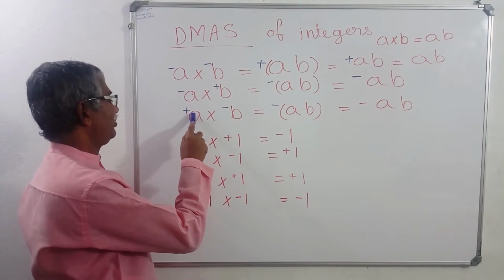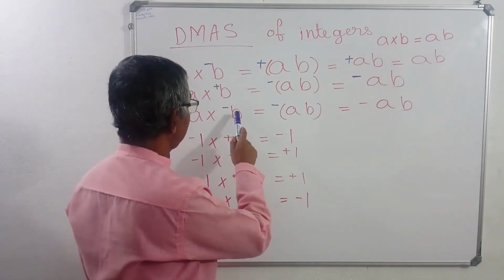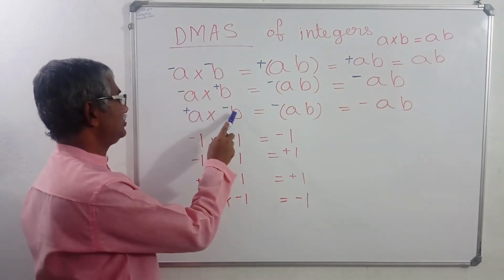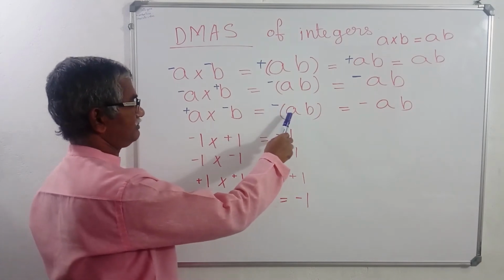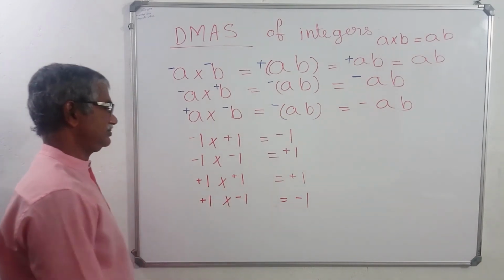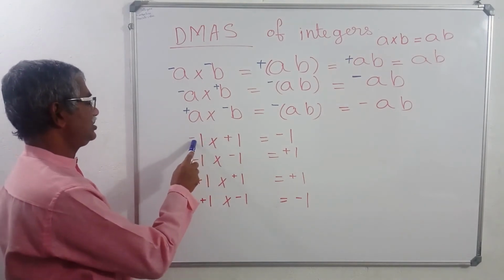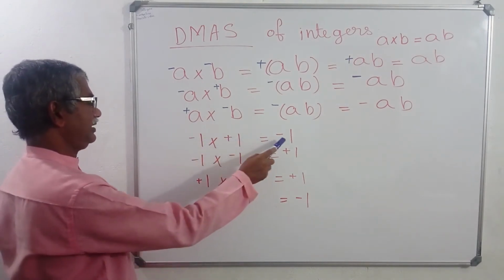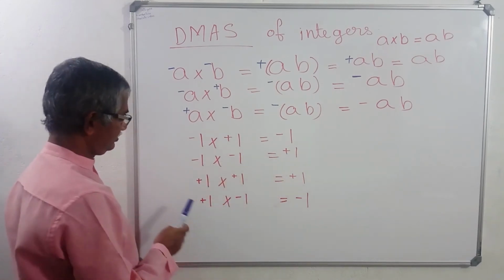Again, a positive number into a negative. Positive A into negative B. We are getting a negative answer. Negative of the product. We can simply look: negative 1 into positive 1, negative. Negative 1 into negative 1, positive 1.